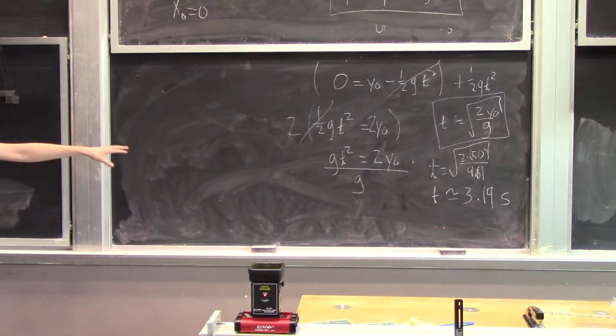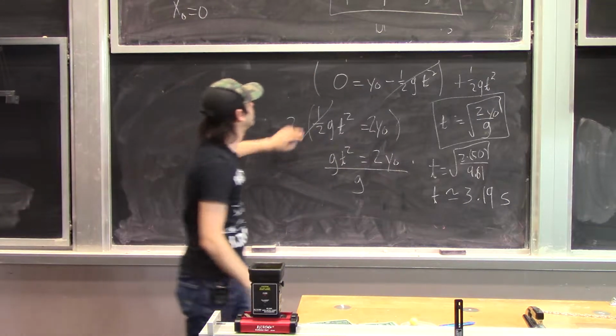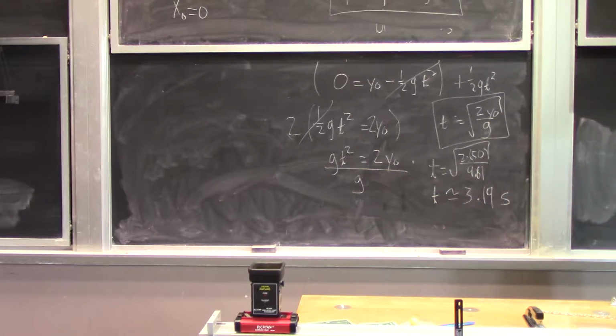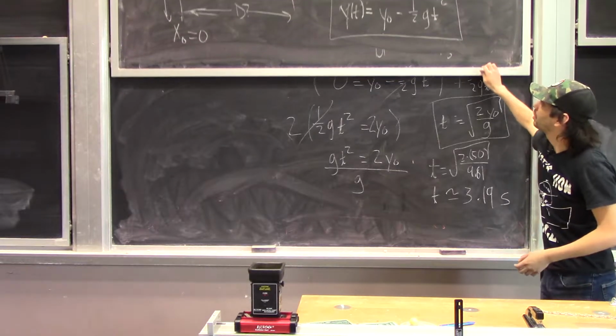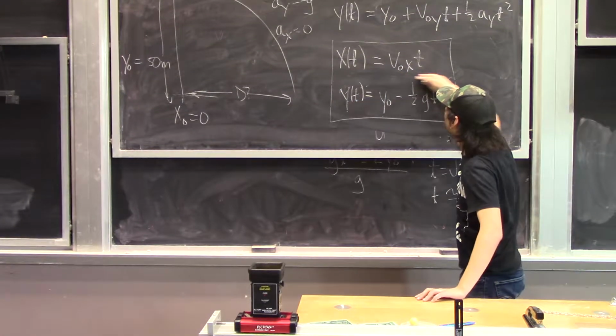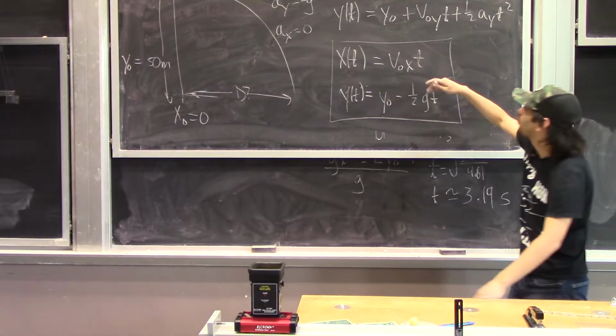Okay, so now we have the time, but this was kind of an intermediate step. The thing that we're really after here is the distance that this goes before it hits the ground. So how can we find that distance now that we know what the time is? You can use the top equation, the other equation we haven't used yet. We used one equation to find the time, and this equation allows us to find the position.